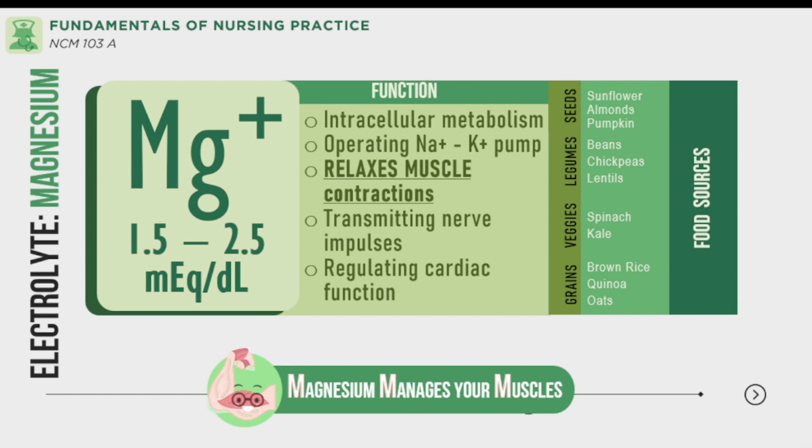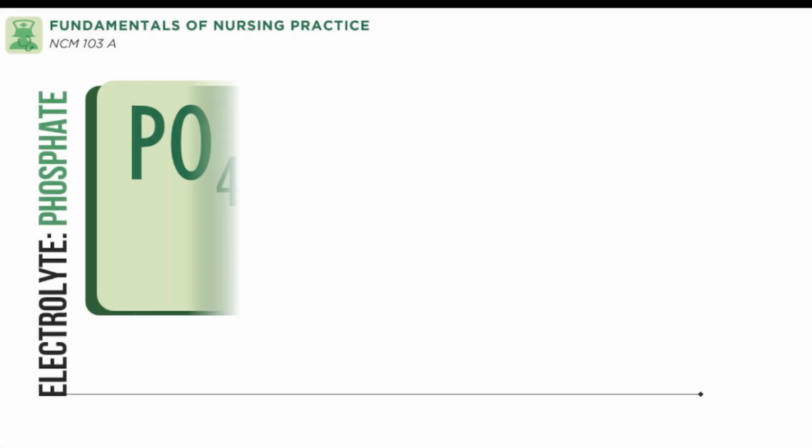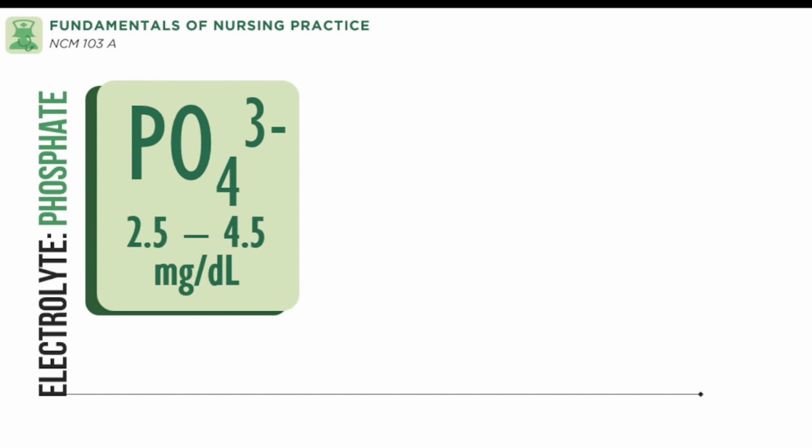Next, we have your phosphate. Okay, phosphate has a normal value of 2.5 to 4.5 milligrams per deciliter. Phosphate levels in the body are regulated by interactions between hormones like your parathyroid hormone, calcitriol, and fibroblast growth factor.